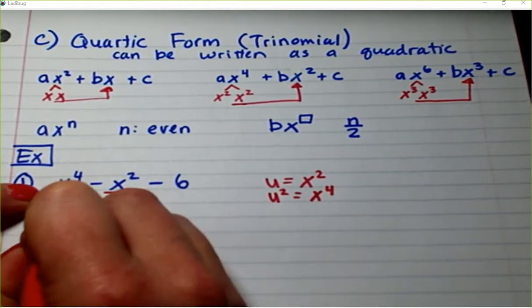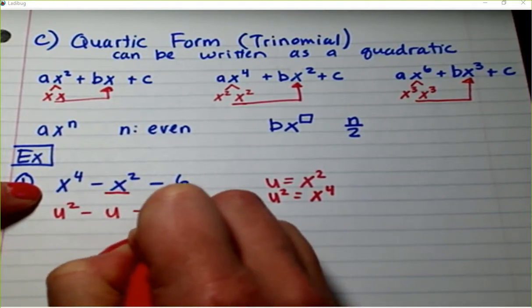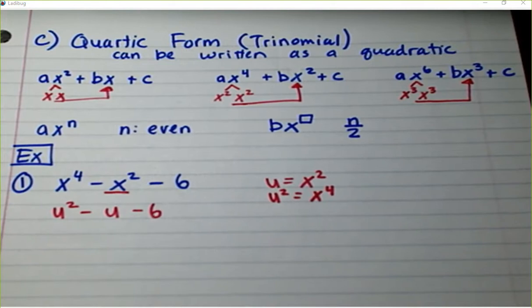So I end up with U squared minus U minus 6. Oh, U is a placeholder. It's a placeholder variable. You could use any letter you want. Y, W, Z. Well, not X, because you're using X. So you want to pick a different letter. It's called U substitution. Like when you Google it, if you Google U substitution, something like this might show up.